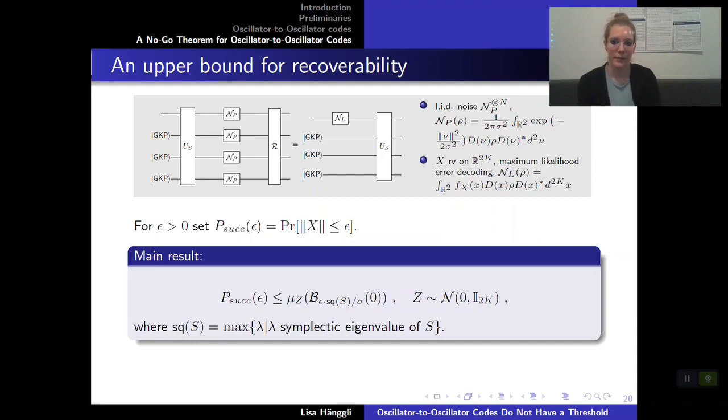So here, the squeezing of S is equal to the maximum symplectic eigenvalue of S, and it corresponds to the maximum amount of squeezing required for any mode when implementing the encoding unitary U_S. And for a passive Gaussian unitary, which preserves the energy, the squeezing just equals 1. And in that case, the unitary can be implemented using beam splitters and phase shifters only.